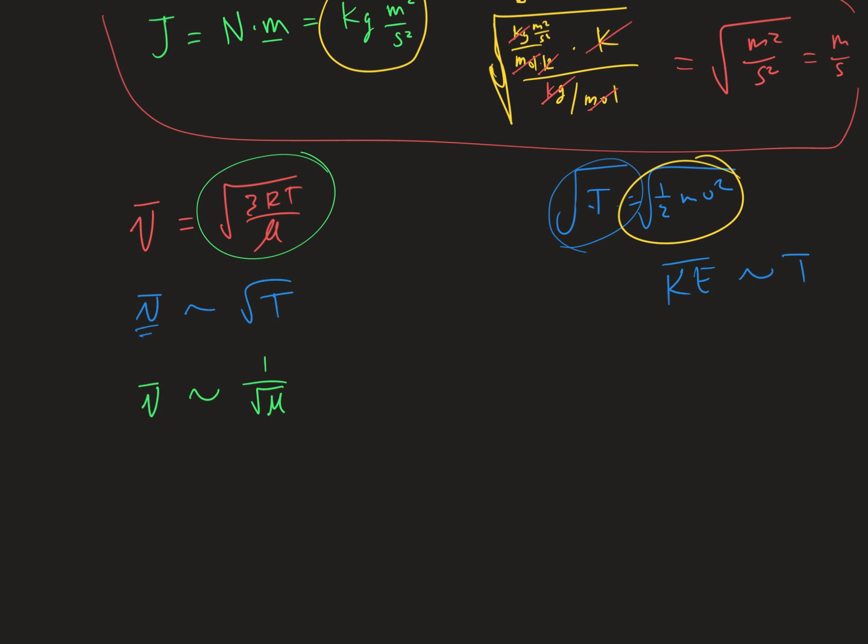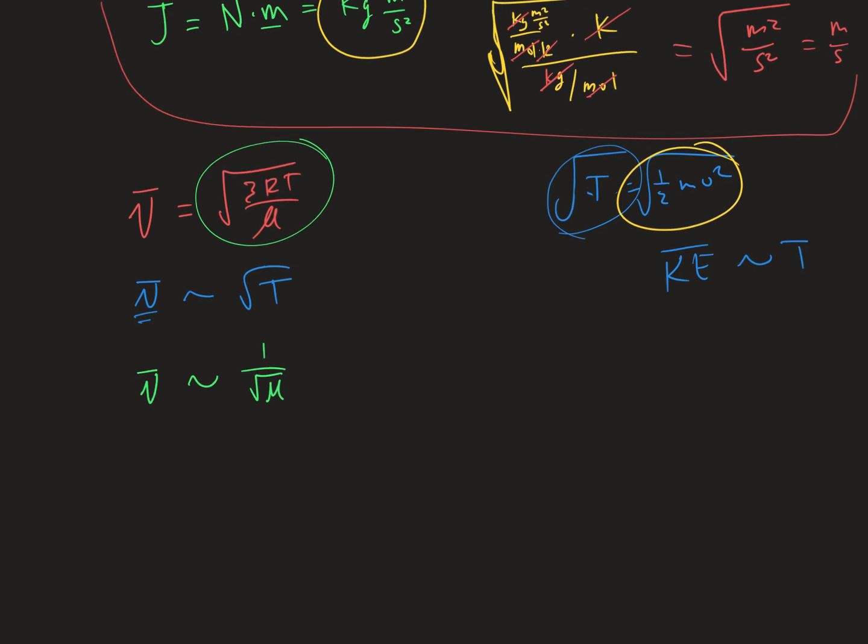And if we know that, then we can answer some simple questions like, which molecule will tend to go faster at a certain temperature? If the temperature stays the same for each molecule, then we have to look at the mass.